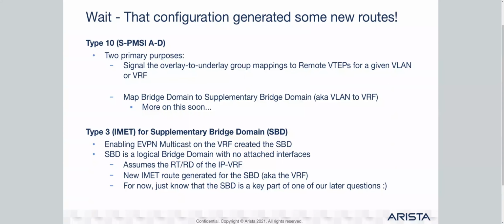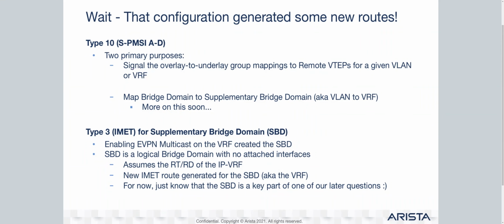First, some new routes were generated, specifically the type 10 routes, which Russ alluded to earlier. The type 10 route is going to serve two primary purposes. The first is to signal the overlay to underlay multicast group mappings to remote VTEPs for a given VLAN, or in our case, for a VRF.